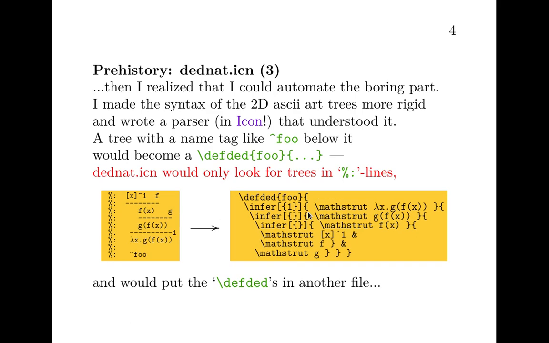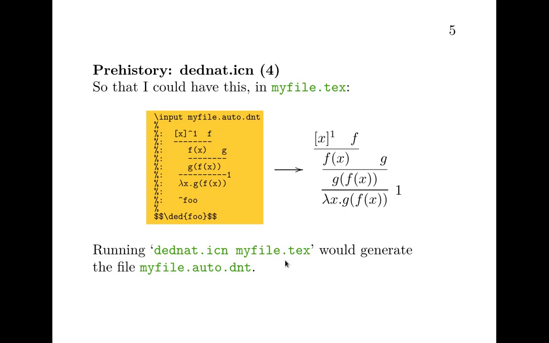Sorry. It interprets this diagram in comments here as something that defines a deduction called foo, and it generates this code here, so that we can just invoke the definition of the deduction by typing \ded foo.